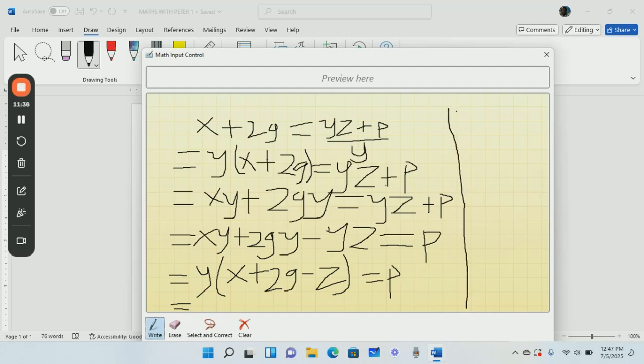So equal to, so what we do is that we divide both sides by the bracket, the x plus 2g minus z. So we divide through by that.